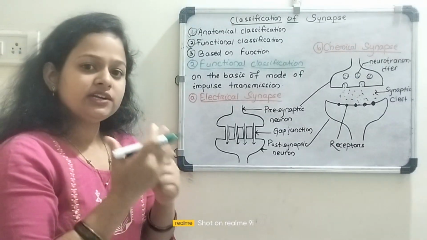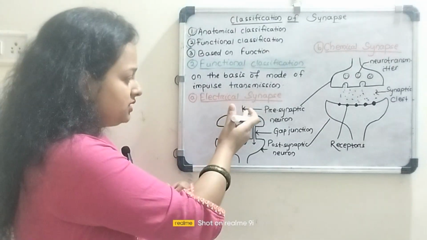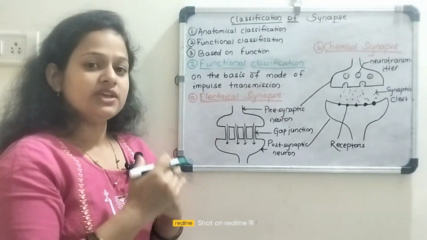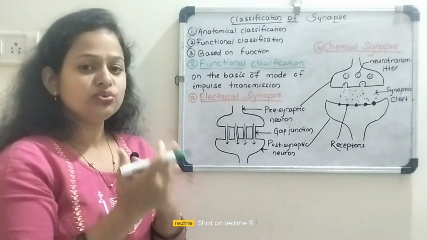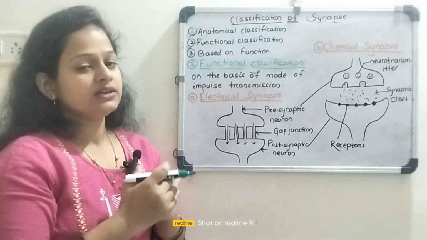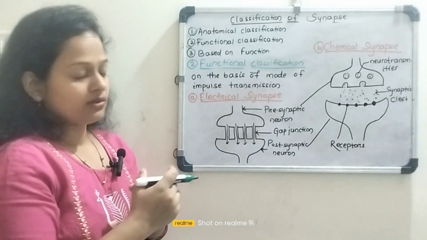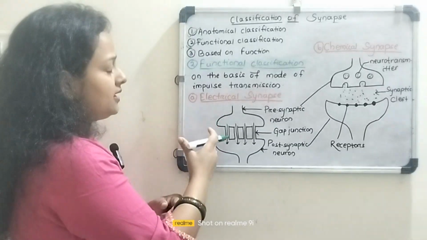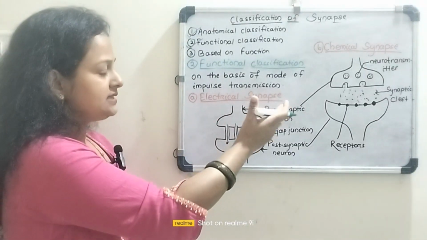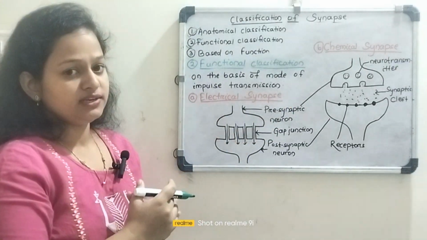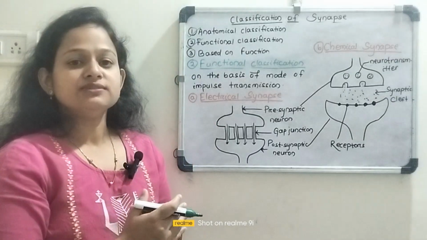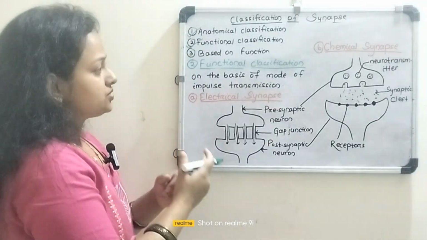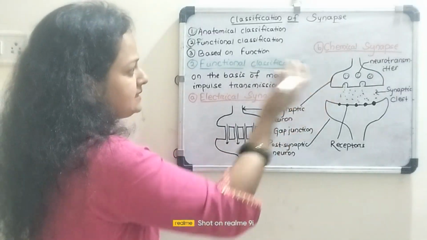As there is a direct contact between these two neurons, the transmission of impulse is very fast and there is no delay in the transmission from one neuron to the next neuron. If we compare the chemical synapse and electrical synapse, in case of electrical synapse, the transmission of impulse is so fast.